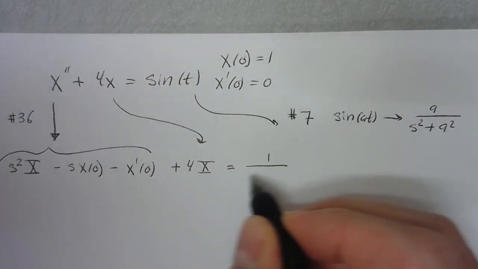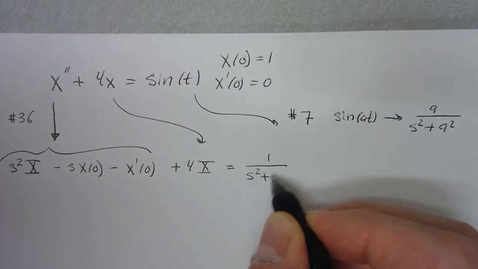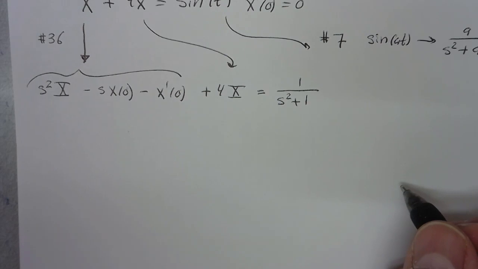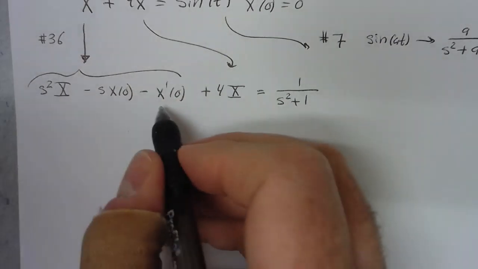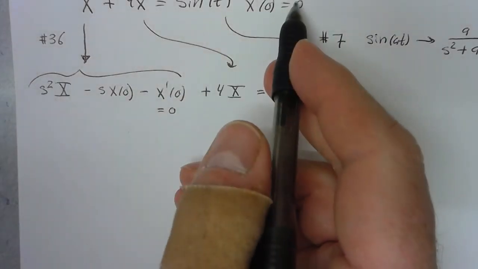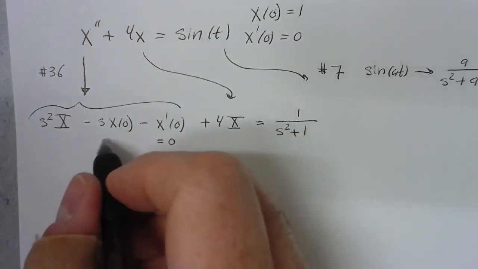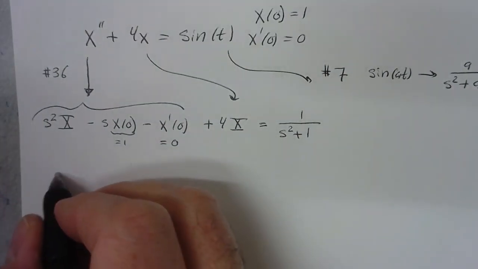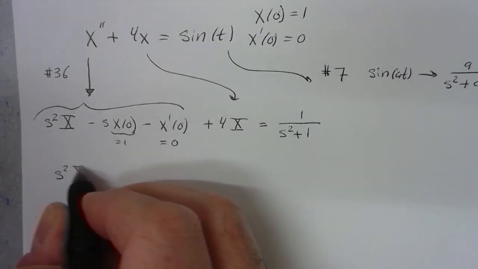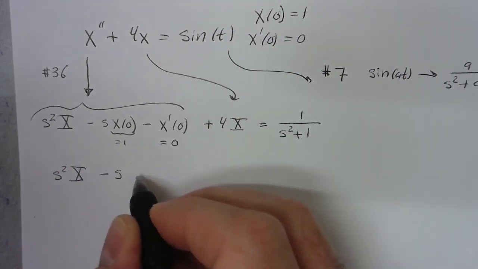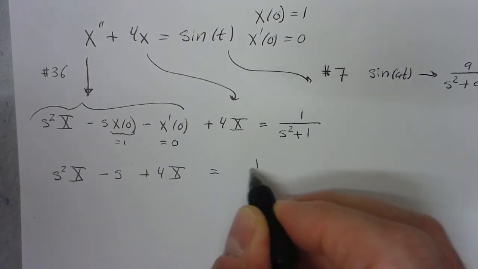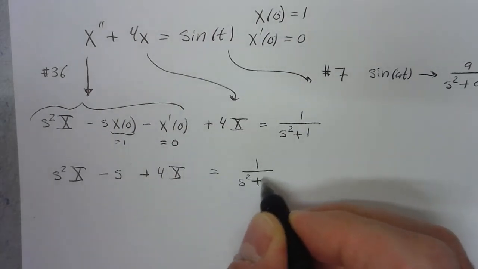This is 1 over s squared plus 1. All right. Now this is 0, and then this is 1. So I'm going to have s squared capital X minus s plus 4X equals 1 over s squared plus 1.